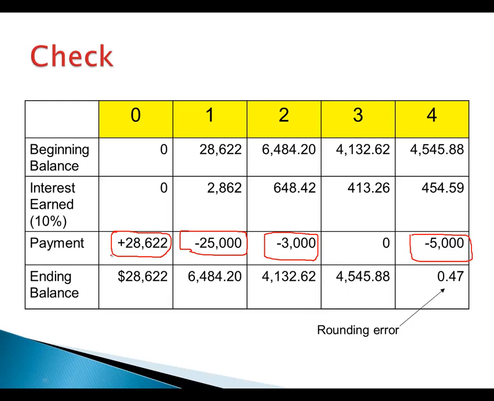You can assume that this is out of your pocket, so this is negative and this is positive, positive, positive. Whatever you like to calculate it as, either from your pocket or as inflows to the bank, it's fine. The most important thing is to know which ones are the inflows and which ones are the outflows.